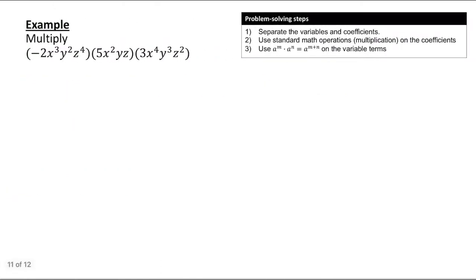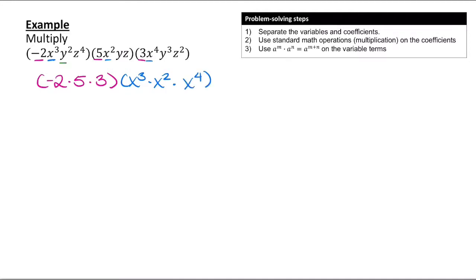Now let's try this example. We have 3 monomials now that we're multiplying together, but it's still basically the same process. We always start off by pulling out the coefficients. So we have -2 times 5 times 3. Then let's look at the x terms. We have x cubed times x squared times x to the 4th.